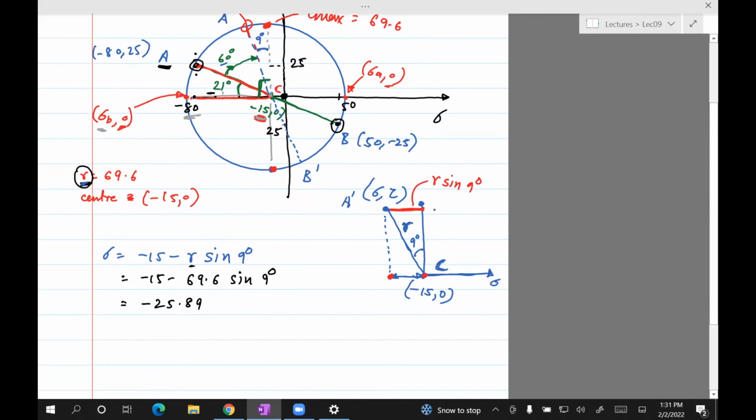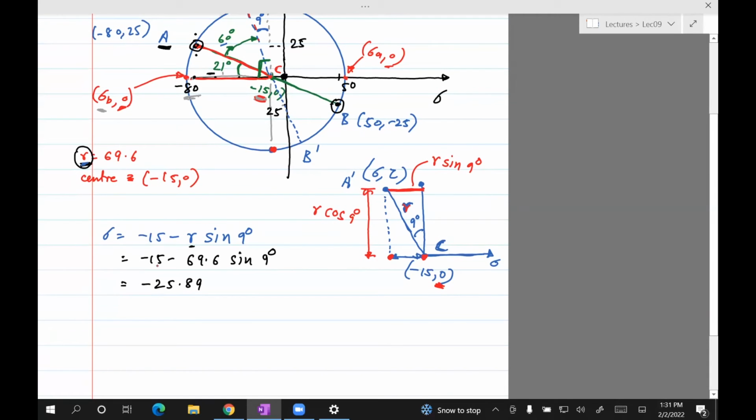Now we need to find the y coordinate, which is the height here. So we can see that just by trig, this is r cosine of 9 degrees. Since it's the distance from the origin on the y-axis, we don't need to add any counterpart of 15, which would be 0.